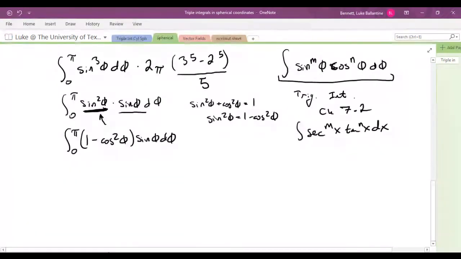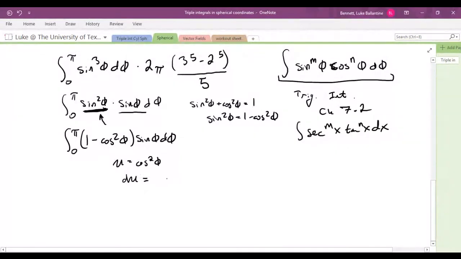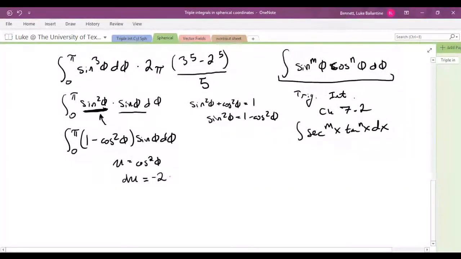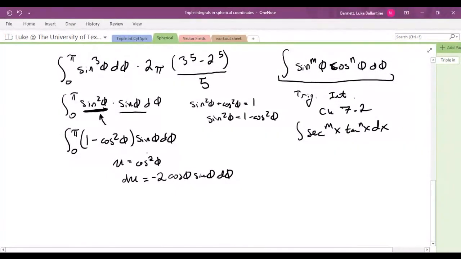Cosine squared? I choose u to be cosine squared. Du would be 2 negative cosine phi sine phi d phi, which we don't have. Pick a more simple u.